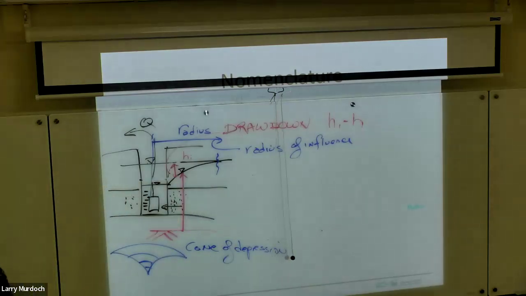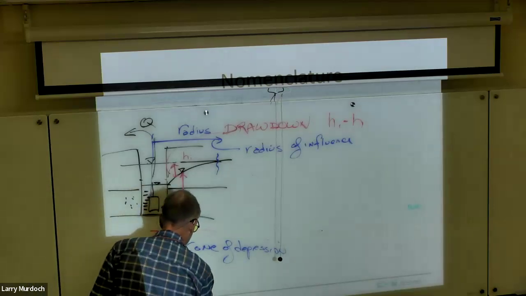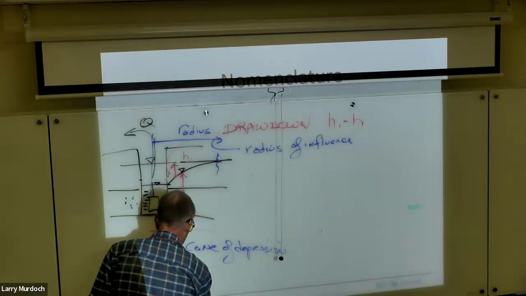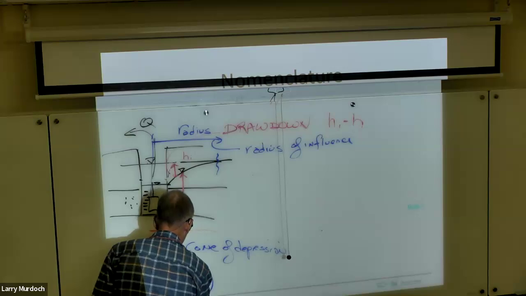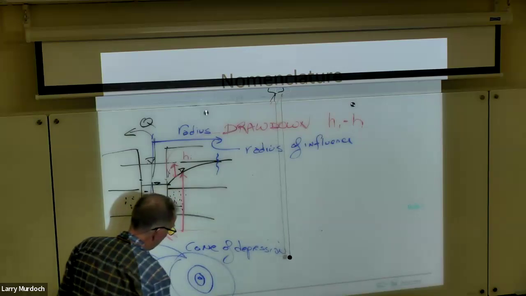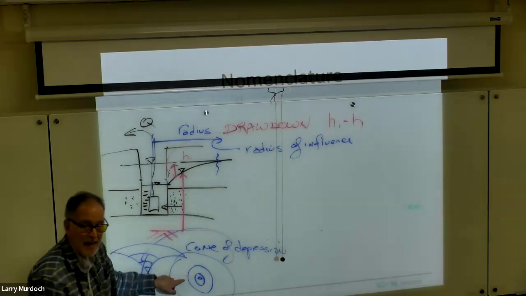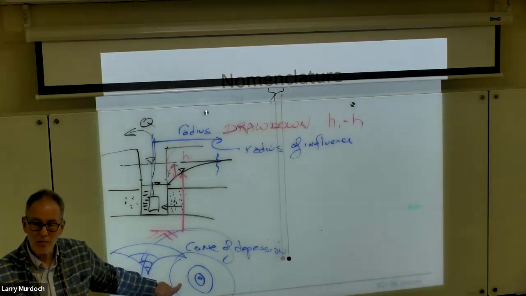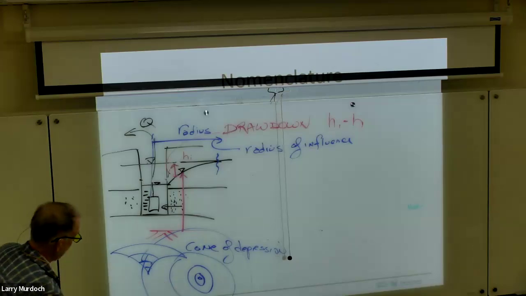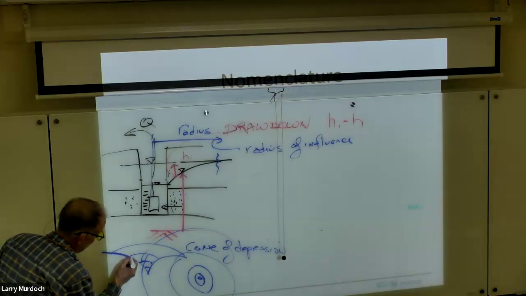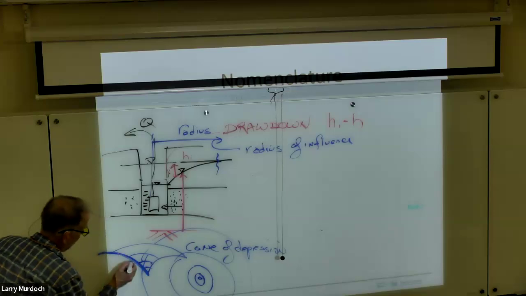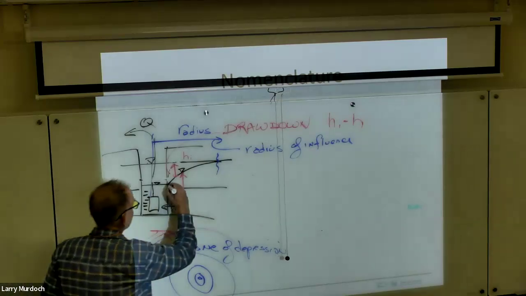Around the well. Remember when we did the flow nets? We had a well and we had the contours around the well, and it looked like that. That was the contours on the cone of depression. And in cross section, the head looked like this.